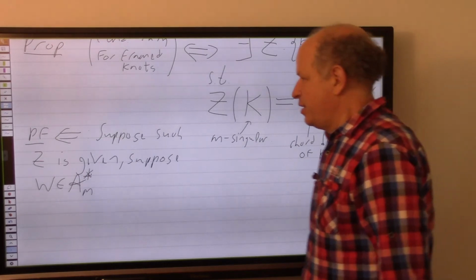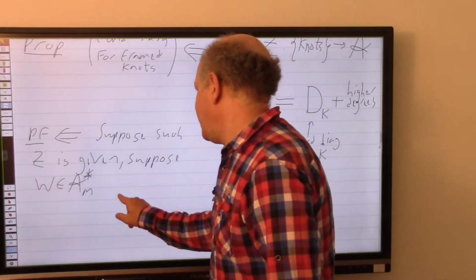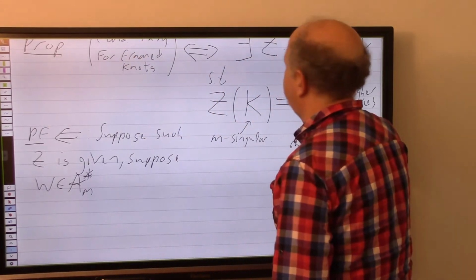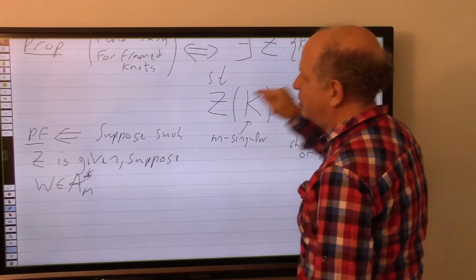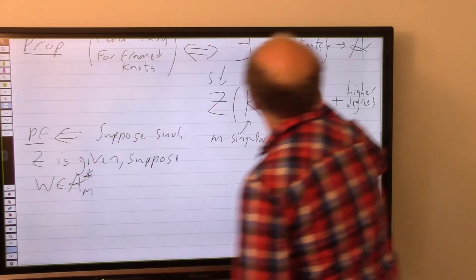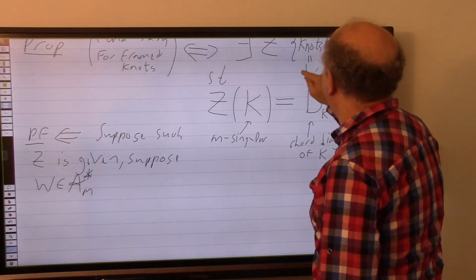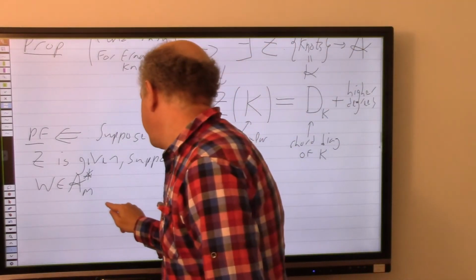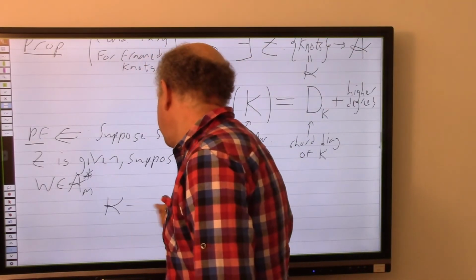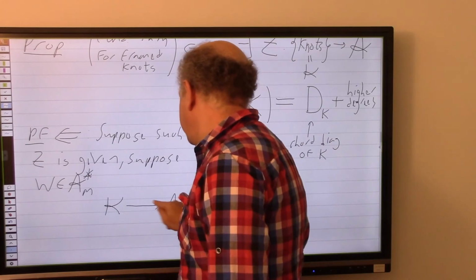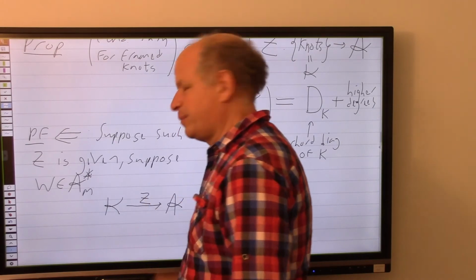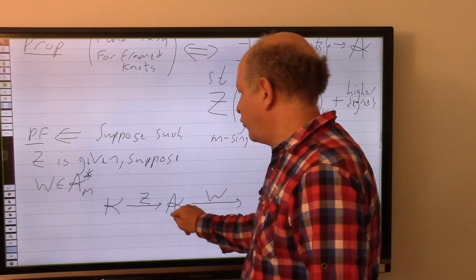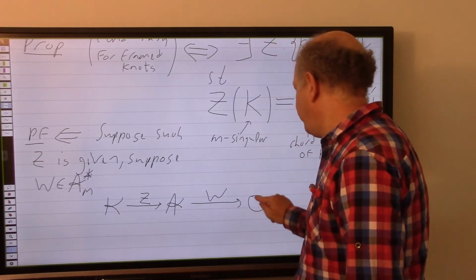Okay? Then I have a map from, you know what, rather than writing knots every time, let me declare that the space of all knots is called calligraphic K. Okay? So now I have a map going from K into A. This is the map Z. And I have a map W going from A into the ground field.